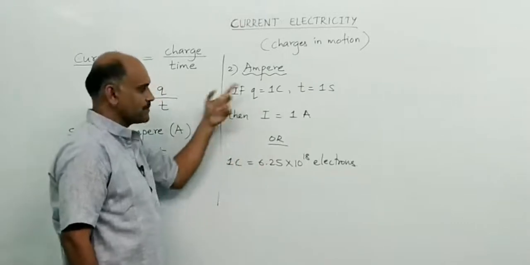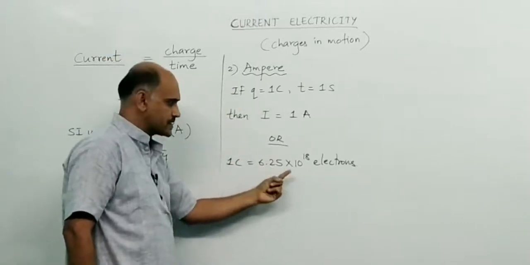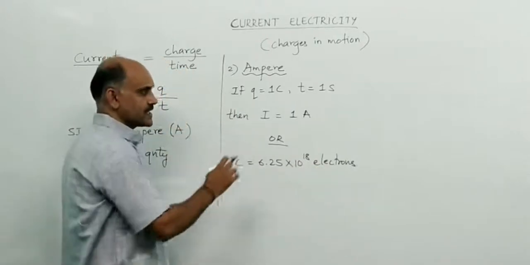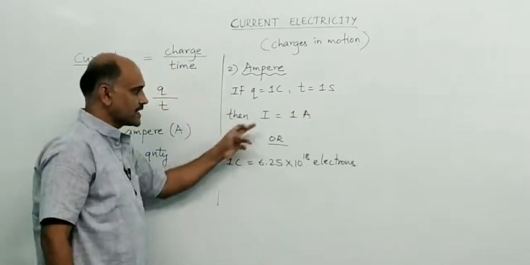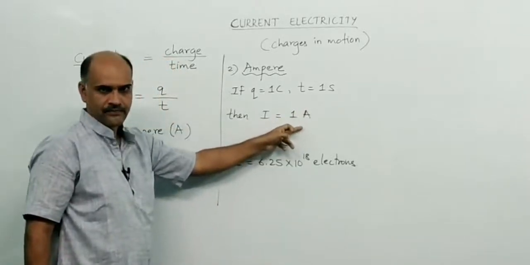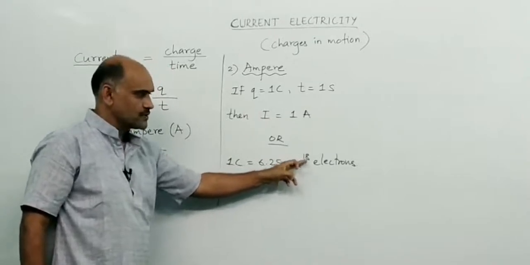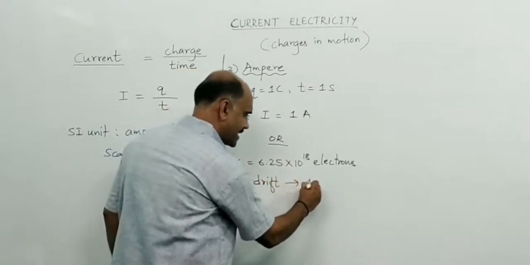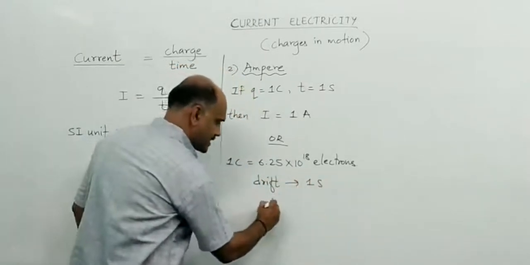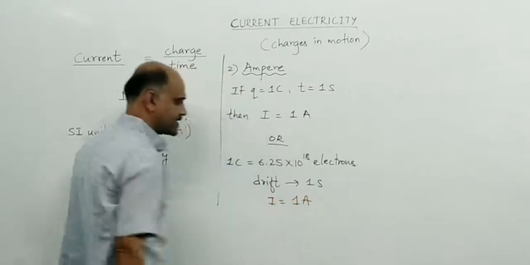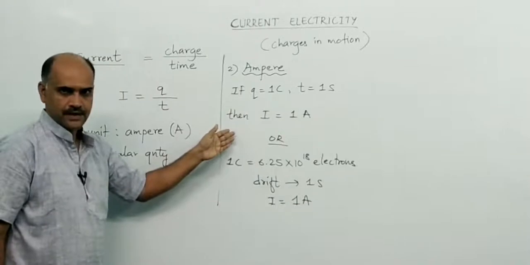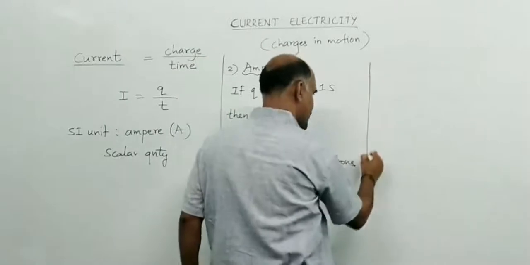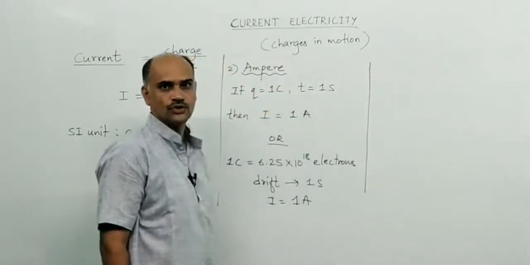You can define ampere as: if 6.25 into 10 raised to 18 electrons drift across a conductor in 1 second, then current is said to be 1 ampere. Clear, students?